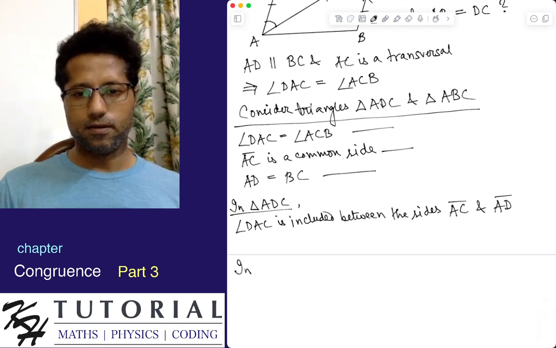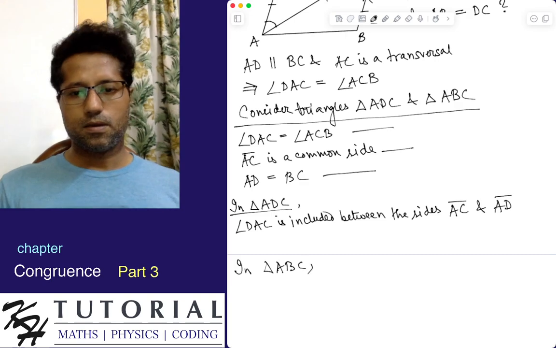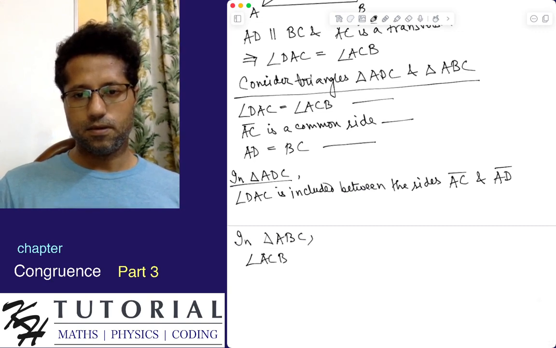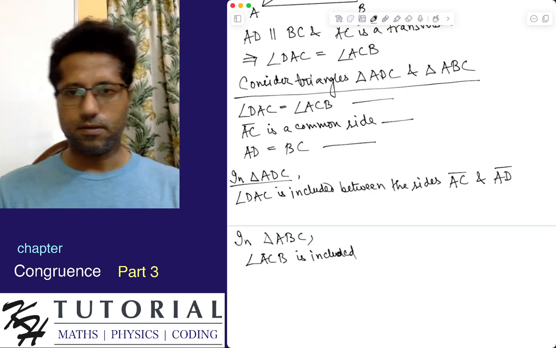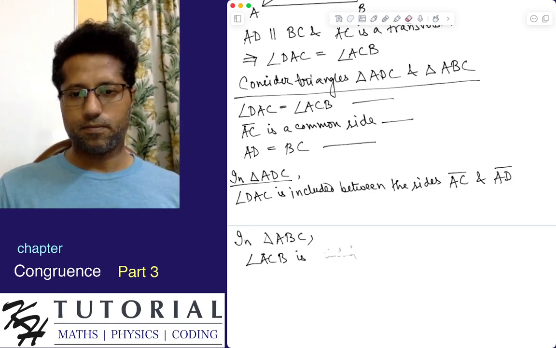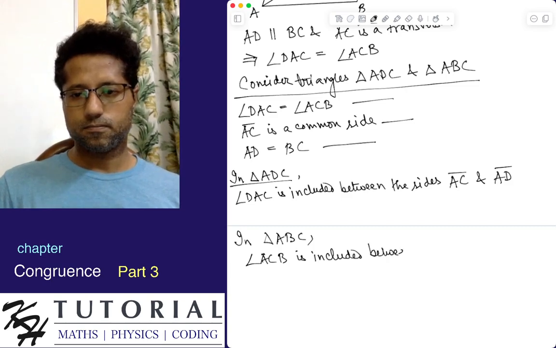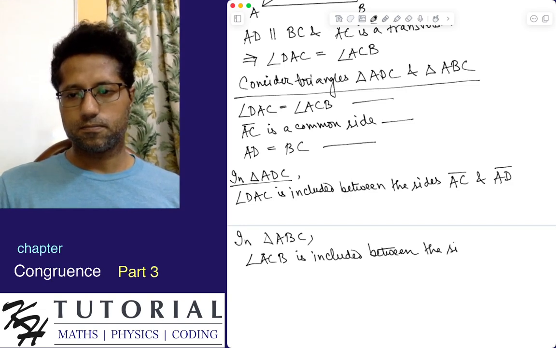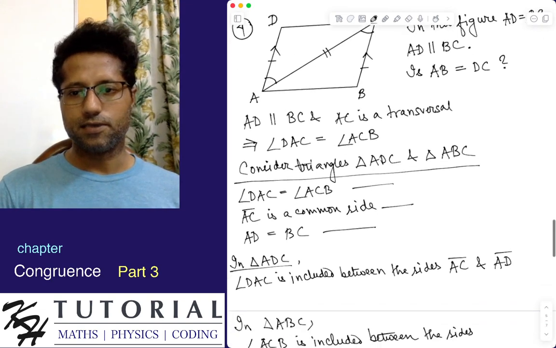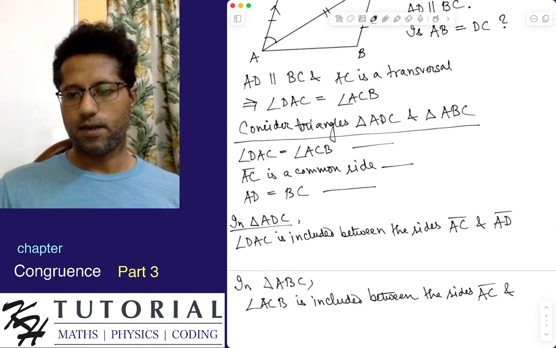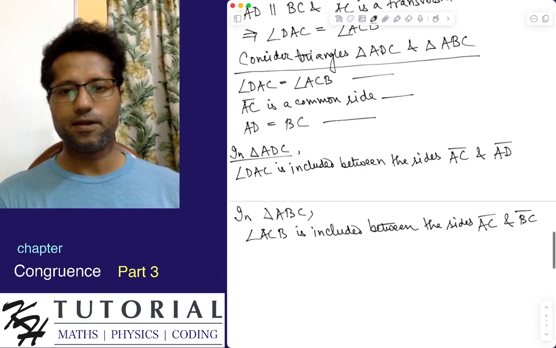Also, in triangle ABC, angle ACB is the included angle between the sides AC and BC.